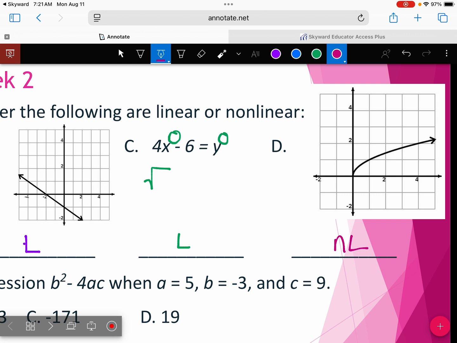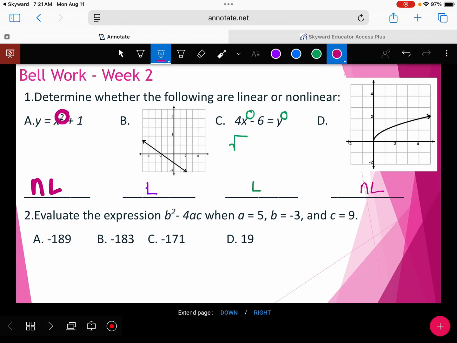All right, and then let's look at part B, or number 2 down here, where we've got this expression that we've seen several times already. We've got our negative b, or b squared minus 4ac.